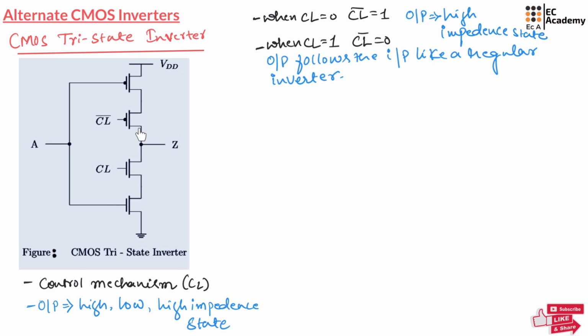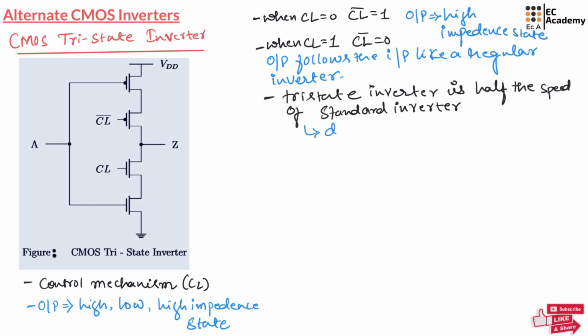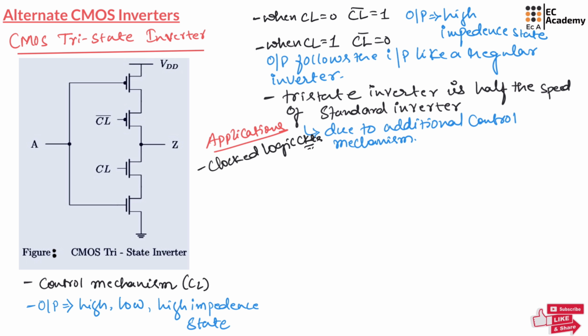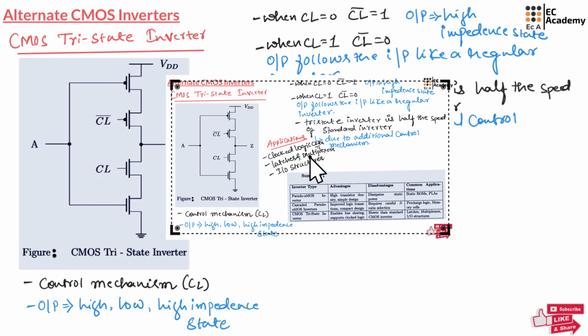Due to this additional control mechanism, the tri-state inverter is about half the speed of standard CMOS inverter. So looking at the applications, these tri-state inverters are widely used in clocked logic circuits. They are used in latches and multiplexers, and they are used in I/O structures.